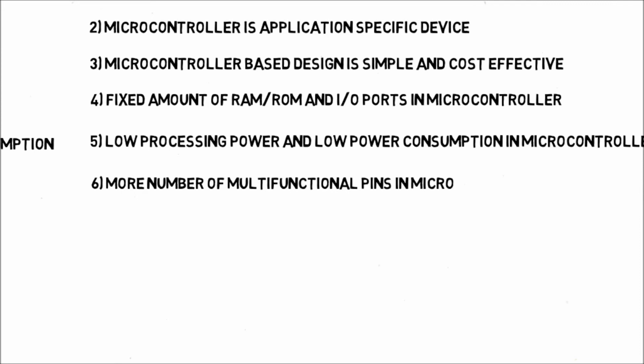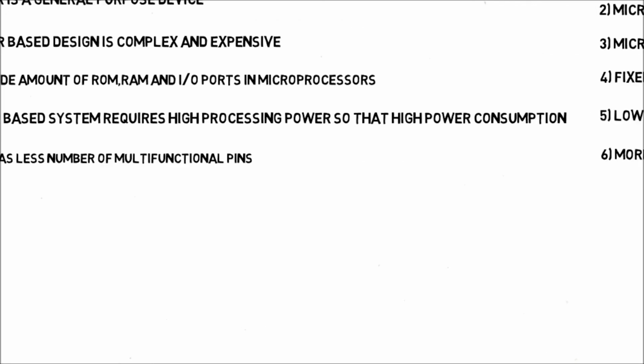If you consider the 8051 IC, there are port 0, port 1, port 2, port 3. These ports can act as general purpose input output as well as they can also act as different functions if functionalities are given. So a majority of the pins are multifunctional in microcontrollers.